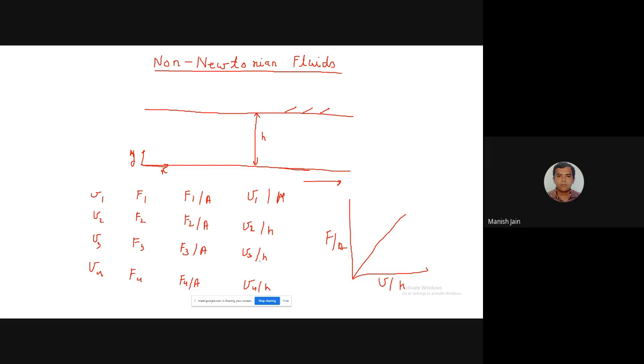That means F by A is proportional to V by H. F by A is the shear stress, which can be represented by tau xy, and that is equal to minus mu dvx by dy. So this is Newton's law of viscosity. Most fluids follow this rule, and you will find the graph is a linear line passing through the origin.